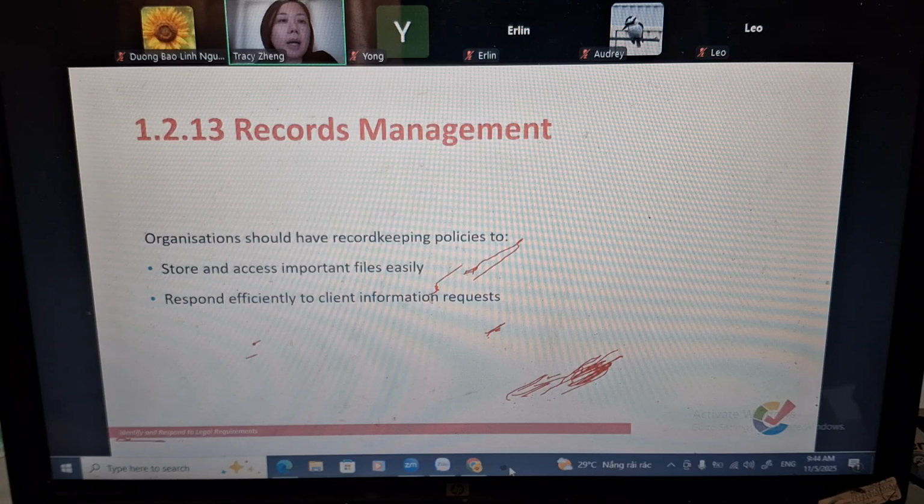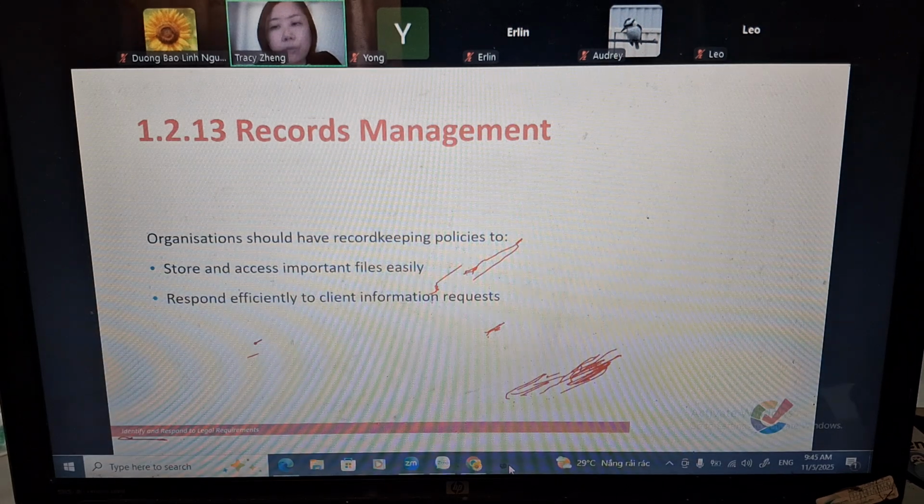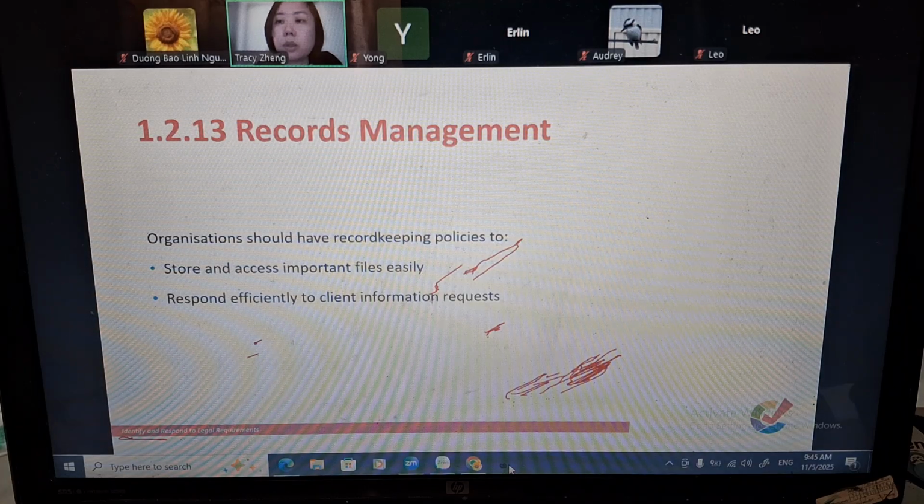And the following part is showing you about records management. That is also part of the organizational policy. Every organization would have those policies in place to explain to the staff and guide you how to keep our clients' records.